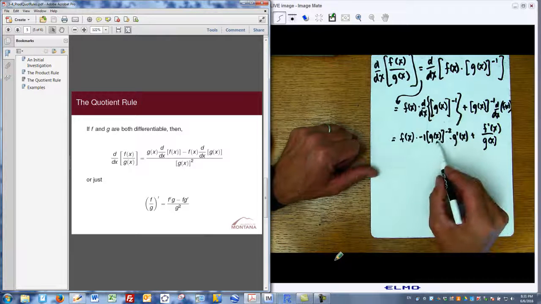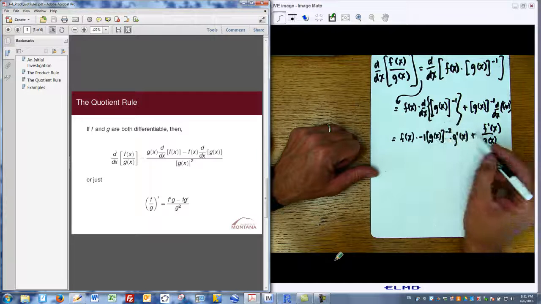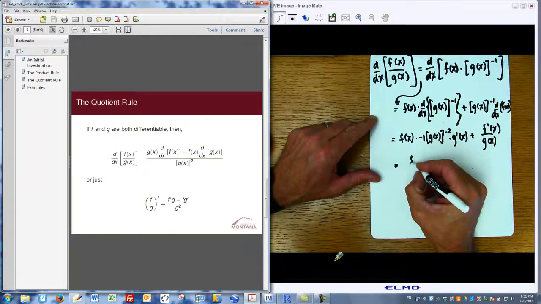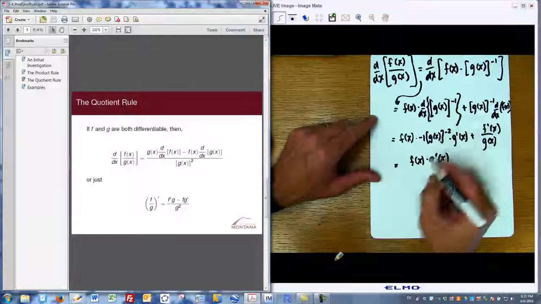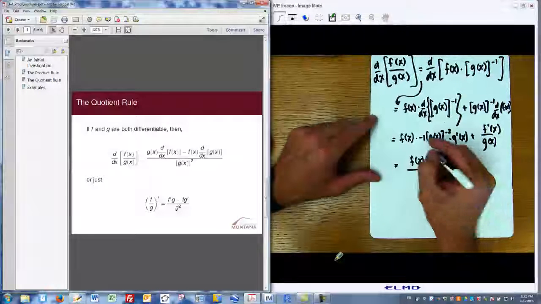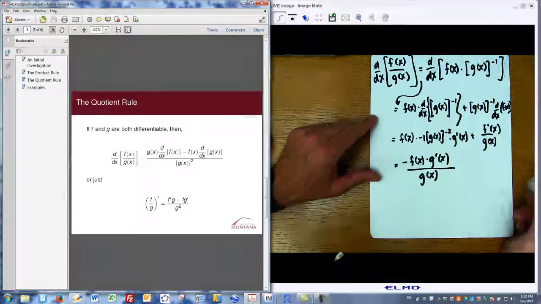But here I notice that I've got a g of x to the negative 2. I've got a negative 1 out in front of it, f of x times g of x. So it looks like on top what I have is f of x times g prime of x, and on bottom what I have is g of x, but I have a negative 1 from the chain rule resulting from the negative exponent on g of x.